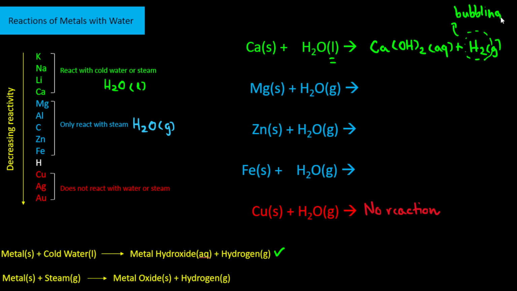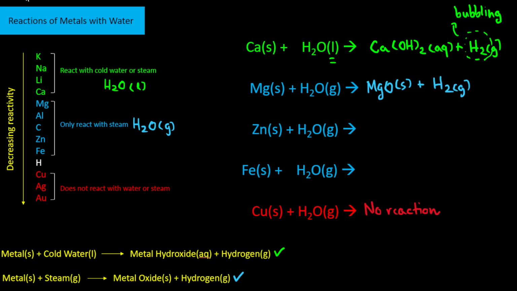This is always one of the observations that you can write down. For magnesium reacting with steam, your product would be metal oxide plus hydrogen. So this will be magnesium oxide solid plus hydrogen gas.